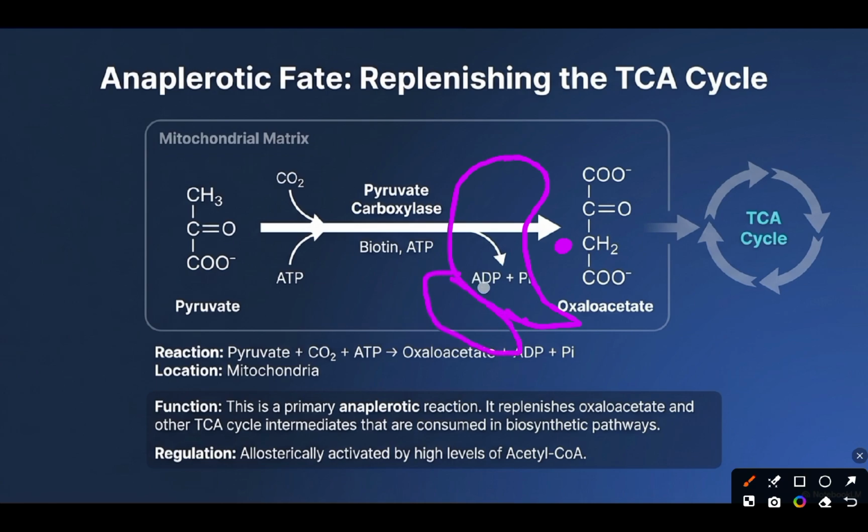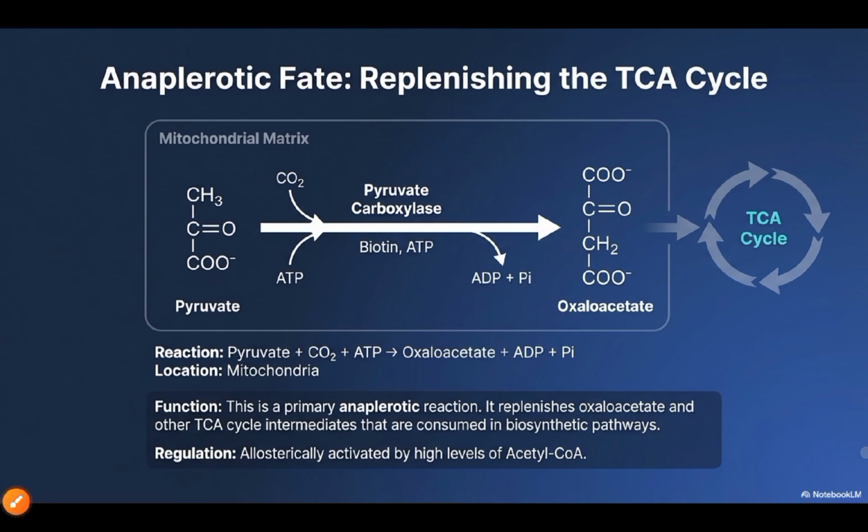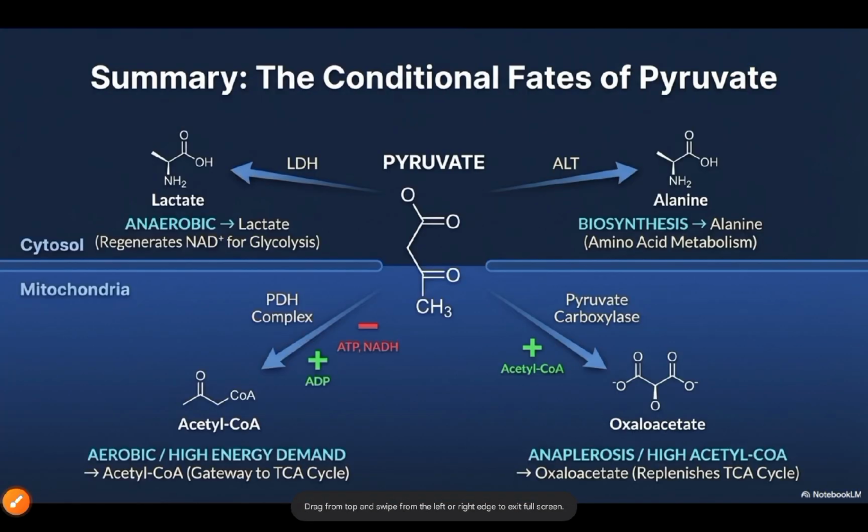This is the allosteric site. So acetyl-CoA will bind to this allosteric site, which is what we call allosteric activation by a high level of acetyl-CoA. We have the summary table.